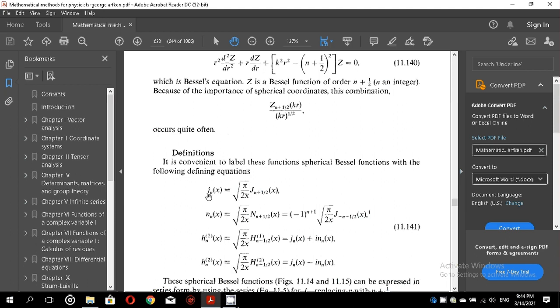by small alphabets. So small j_n(x) is defined as the square root of pi over 2x times J_(n+1/2)(x). Similarly, small n_n(x). So this is the spherical Bessel function of first kind, and small n_n(x) is the spherical Bessel function of second kind.